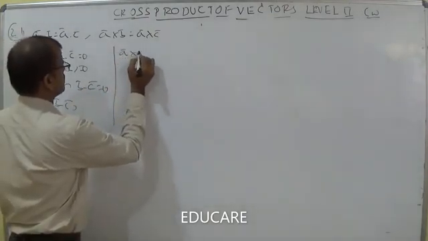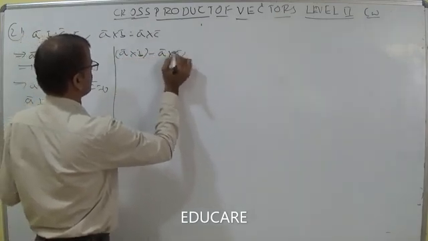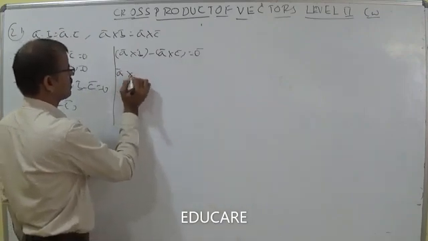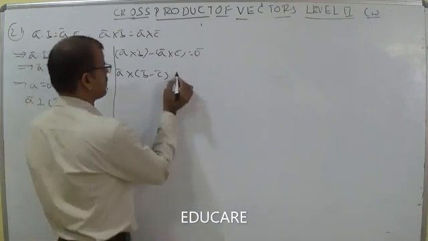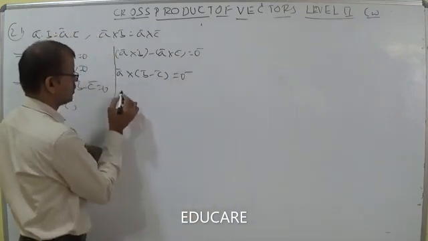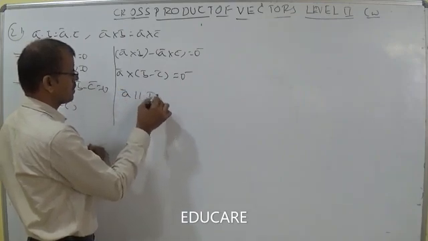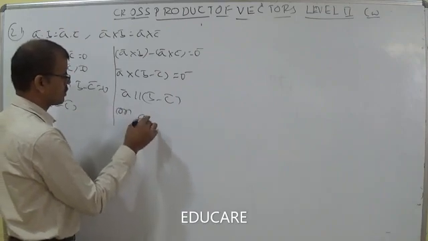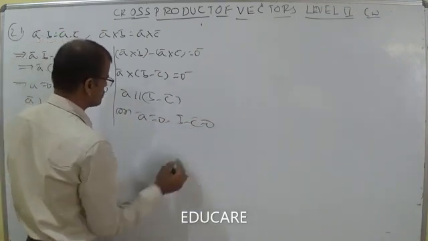Next, let us write a bar cross b bar minus a bar cross c bar equal to 0 bar. This is a vector. If we take a bar common, then a bar cross b bar minus c bar equal to 0. We can say that a bar is parallel to b bar minus c bar, or here also a bar equal to 0, b bar minus c bar equal to 0.